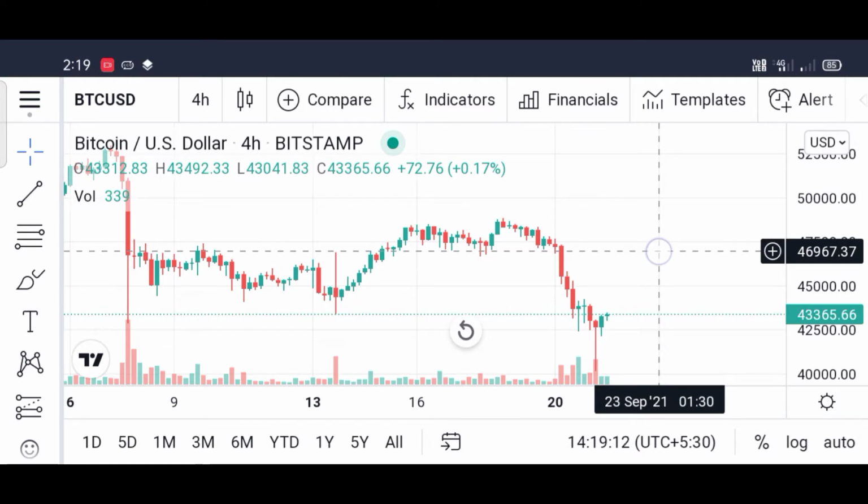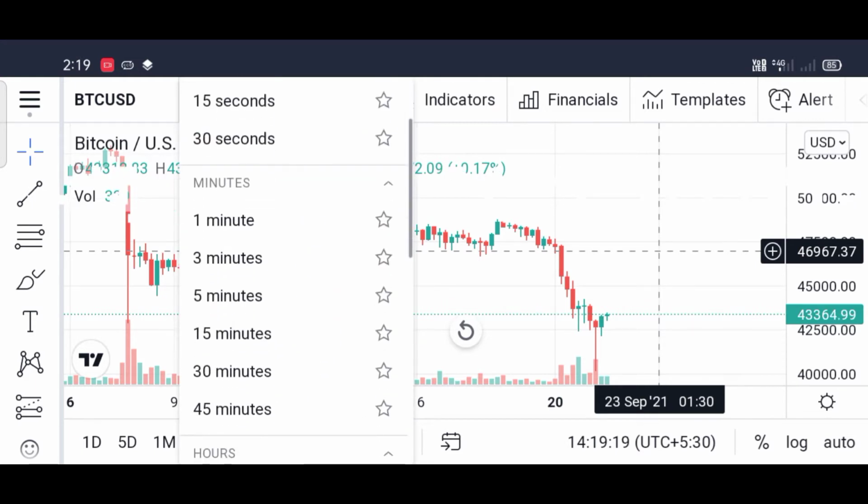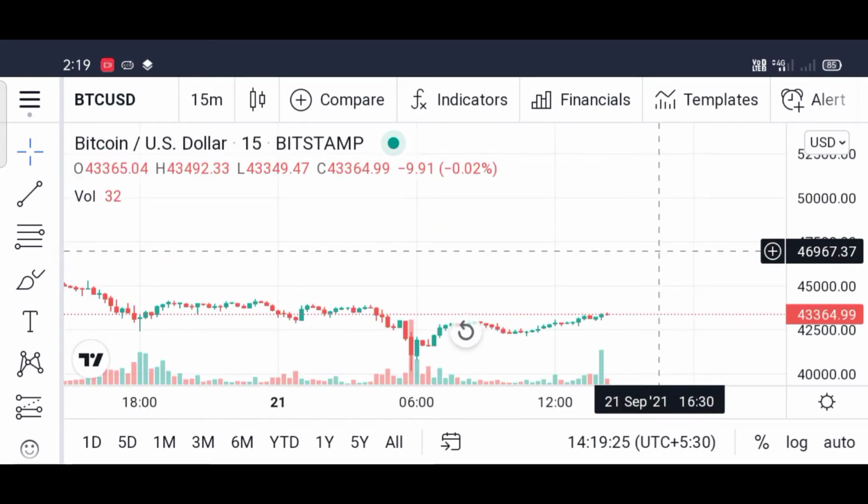For that, go to time frame, select 15 minutes and go to indicators.